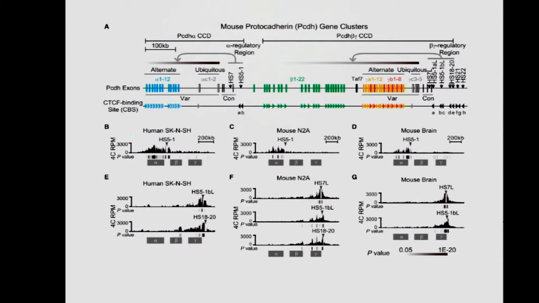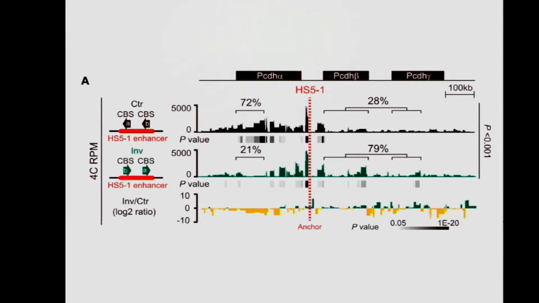And what these are, are 4C profiles. So basically what that means is you take a single region and ask how much it's interacting with everything else. And so this means HS5-1 here is interacting a lot with stuff here. The higher the bar, the more it's interacting, and less with stuff here. And so now, if you go in and take this site and flip it around, so there are 2 CTCF binding sites, that's what CBS is standing for here.